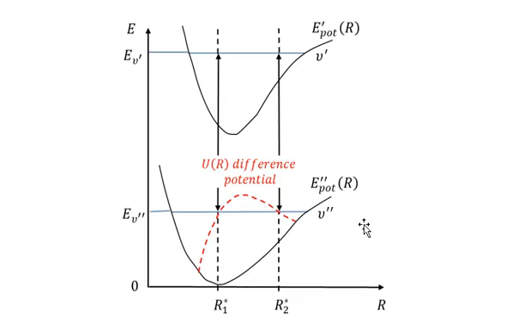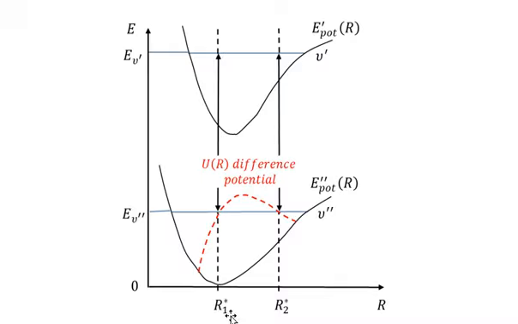I am considering two vibrational levels. V double prime is the vibrational level in the lower electronic state, and V single prime is the vibrational level in the upper electronic state, shown by the horizontal lines.